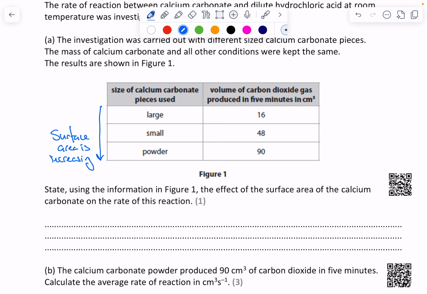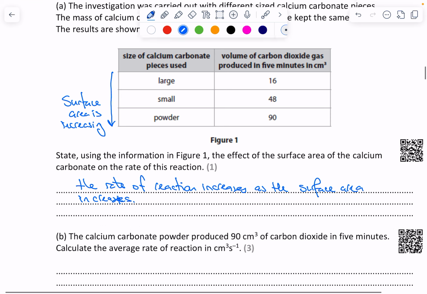So here I'm going to say that the rate of reaction increases as the surface area increases. So 1 mark for stating that relationship.